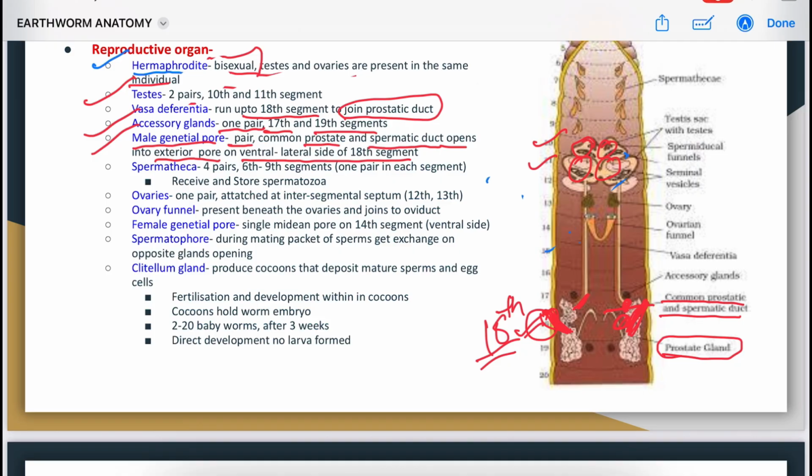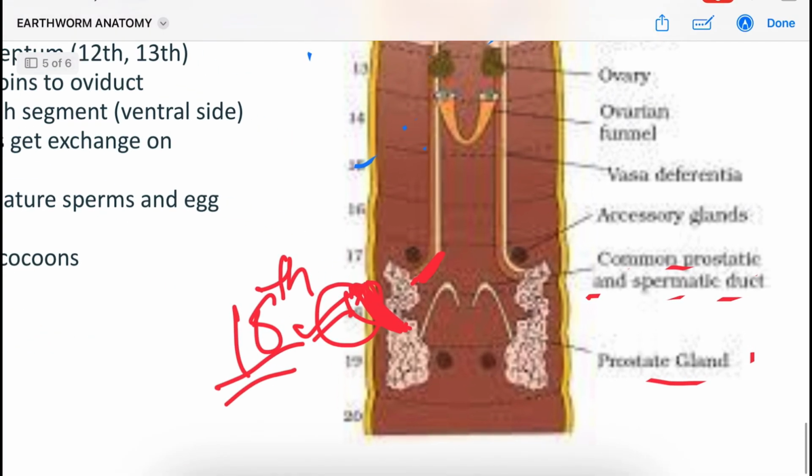This is a common duct that joins the prostate and spermatic duct, forming the common prostatic and spermatic duct.